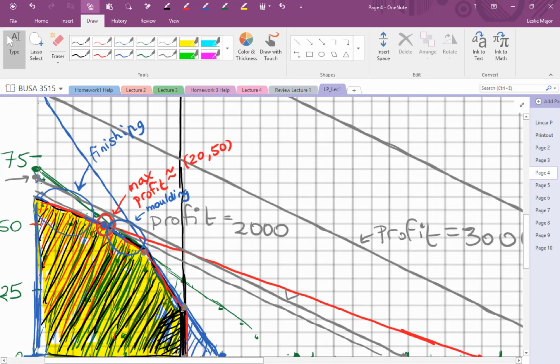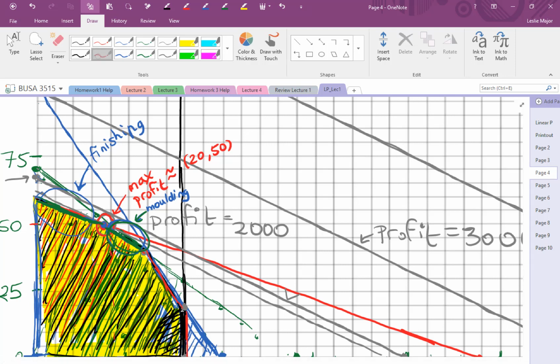So this one would have been the green line right here. It's hard to see now, but that was the top. Well, sorry, that was the green line right there. That was the part of the molding line right in here.